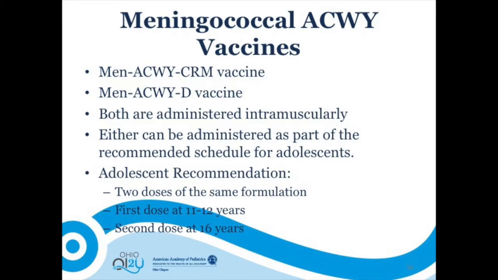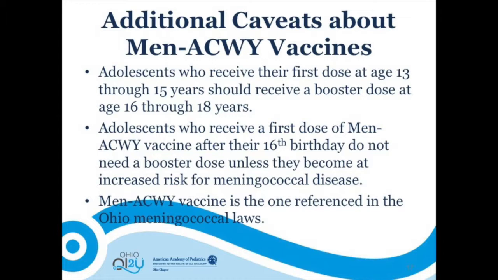Next slide. A few caveats about the meningococcal ACWY vaccines. Adolescents who receive their first dose at age 13 through 15 years should receive a booster dose at age 16 through 18 years.